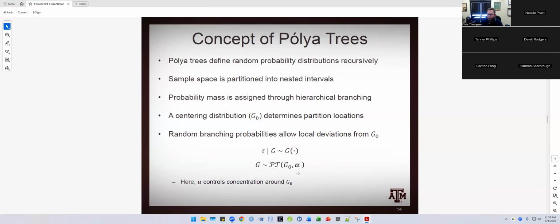So the Polya tree here is the new idea. So the idea of a Polya tree, and I'll maybe focus on this a little bit, and then the next few slides are more of the math, so I'll go fast through those maybe just for time's sake.